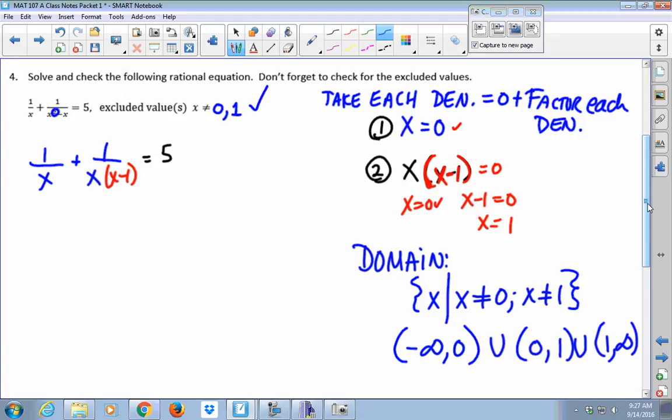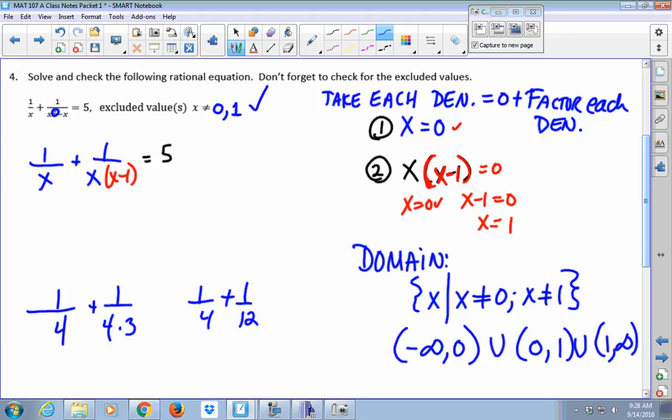It's new. It's different. So this tells me how to make my multiple. I want to show you something. I'm going to make x equal 4 in my mind. Not that that's the answer. This is what it would look like: 1/4 plus 1/12.